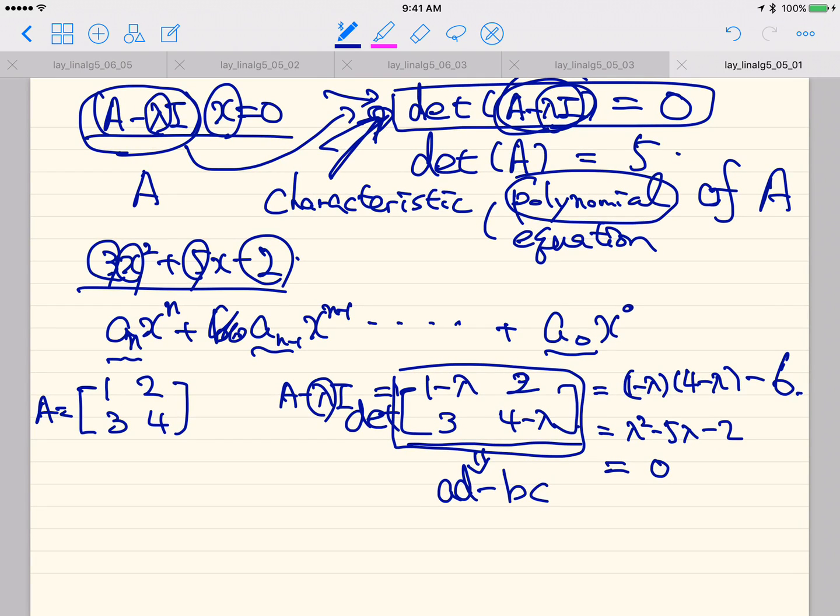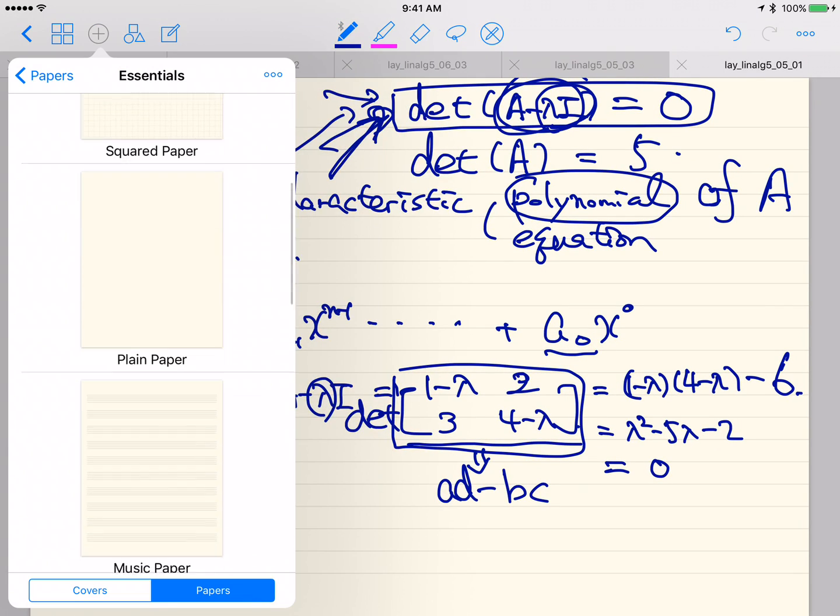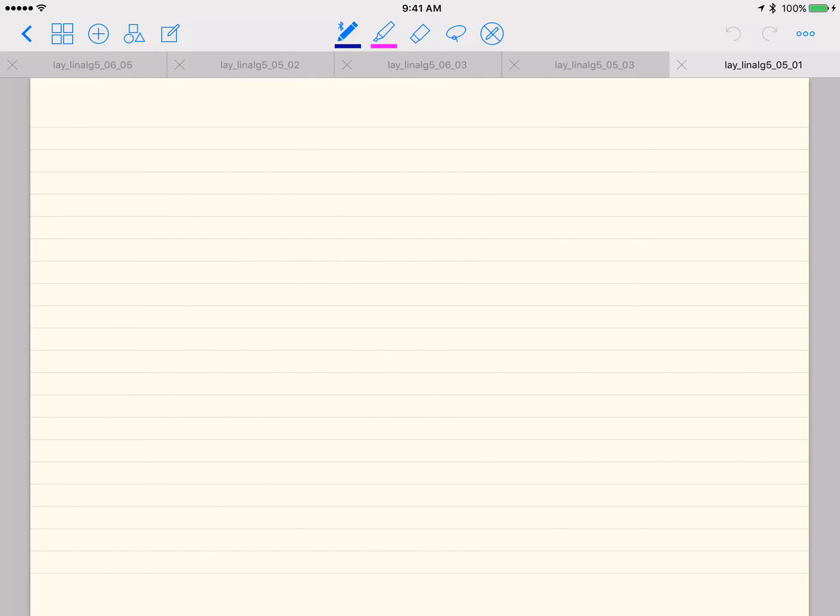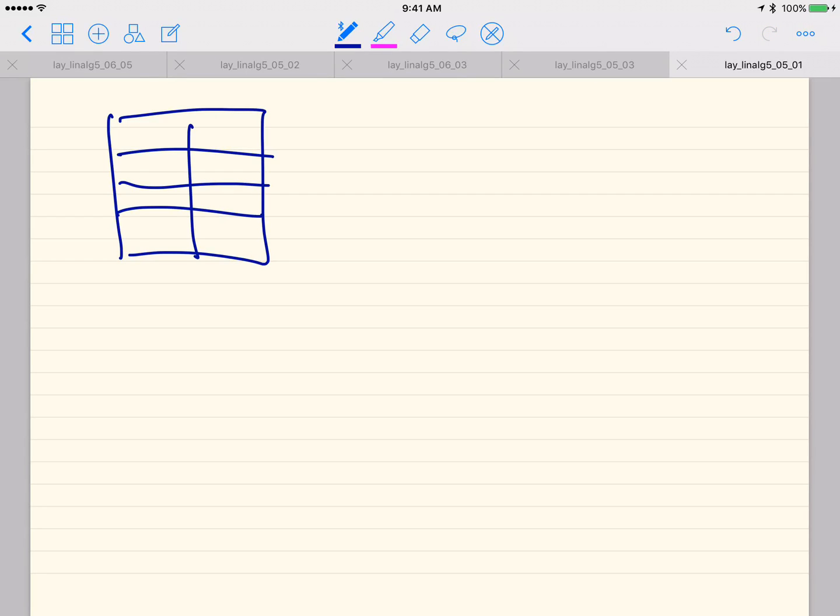Okay, and then why will we have an nth order polynomial for our characteristic polynomial? Why is it true all the time?